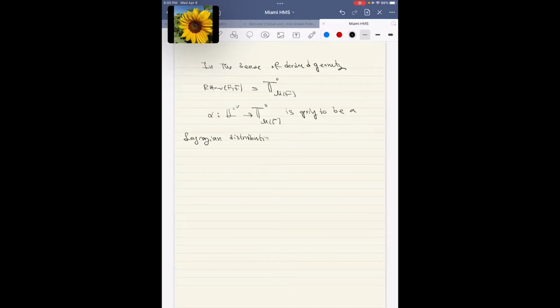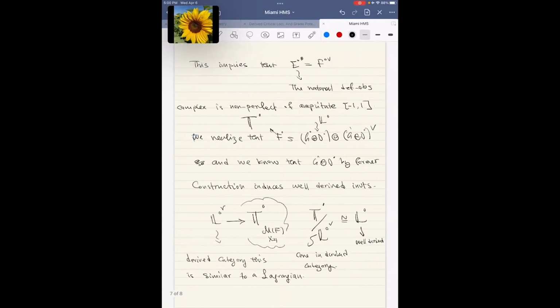Okay, so to make sense of this, I'm not only going to show you that modding out by this Lagrangian and working with this object is nice because you can define virtual classes and so on. In fact, I'm going to show you that whenever you have a derived moduli space and you have a Lagrangian distribution on it, globally defined everywhere, you can even say more about that moduli space.